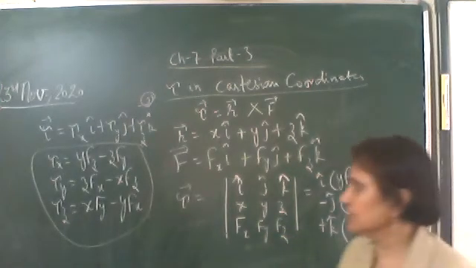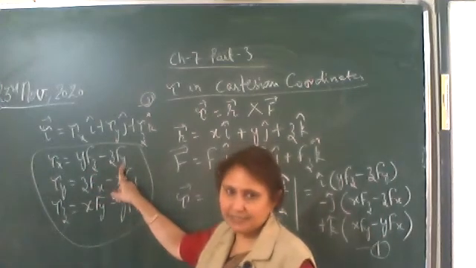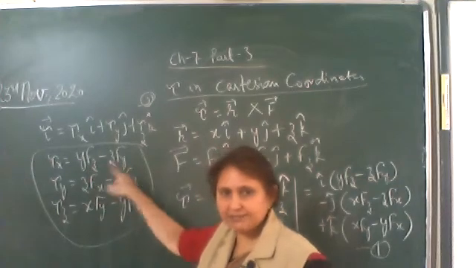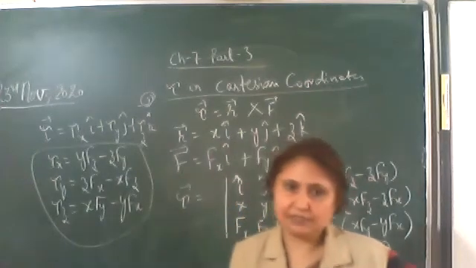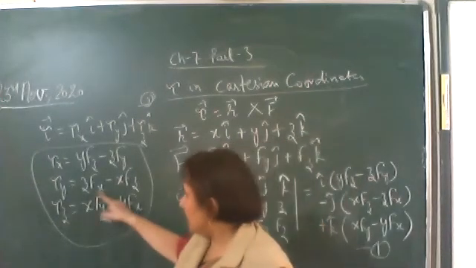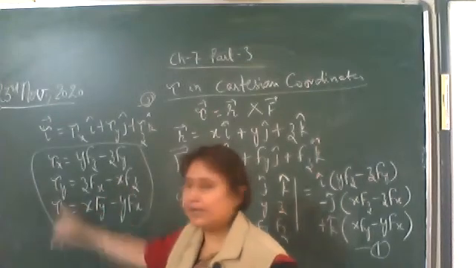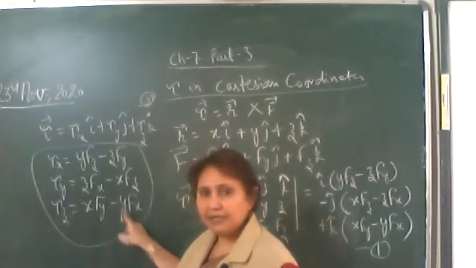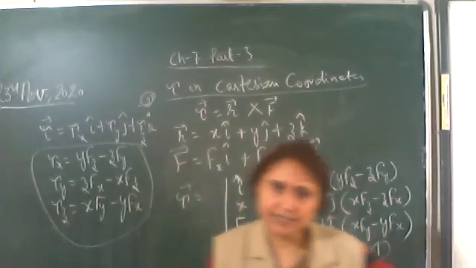Here you can see that if r and f are in the YZ plane, with y fz minus z fy, then tau will be acting along x axis. If r and f vectors are in the ZX plane, then tau will be acting along y axis. The same way, if r and f are in the XY plane, then tau will be acting along z axis.